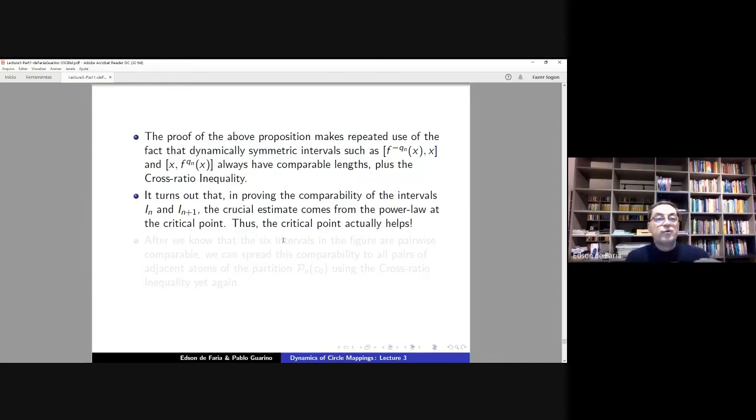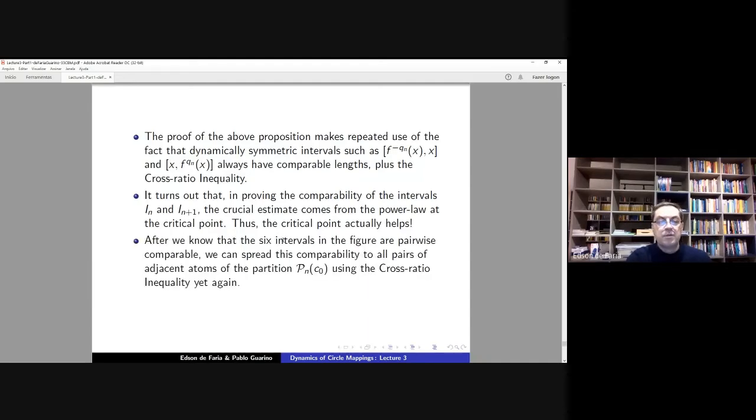It screws up all sorts of estimates that have to do with bounded distortion of derivatives, like nonlinearity and so on, but it actually helps at this point. And it has to help because, as I told you, for diffeomorphisms, the statement is false, right? The statement of the theorem is false in general.